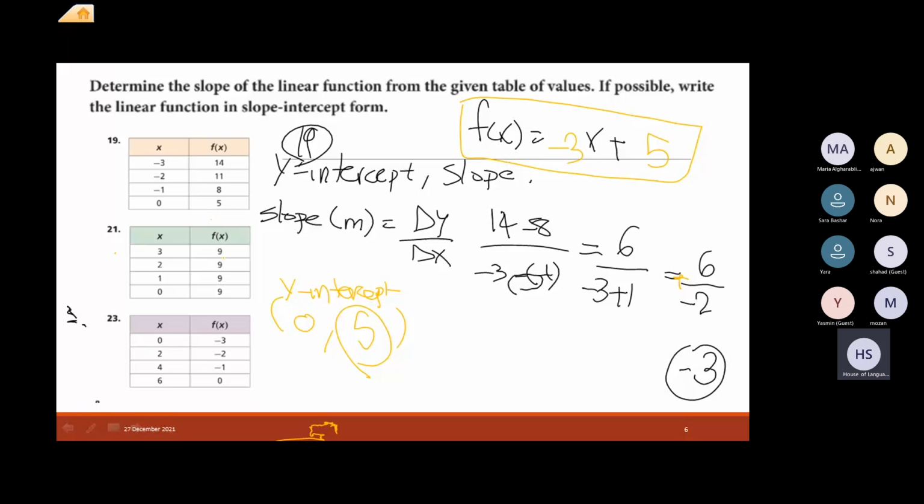I want to find the y-intercept. If you solve it, look at the yellow fonts up. After I find the slope, I put negative 3 instead of m, and I put 5 instead of b. I want to do it here.